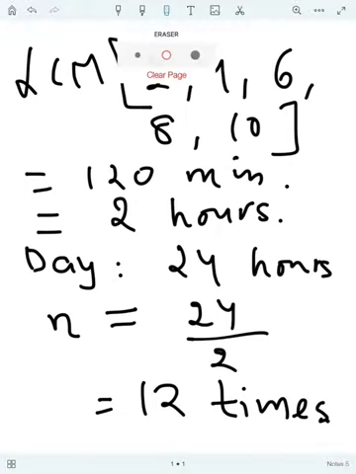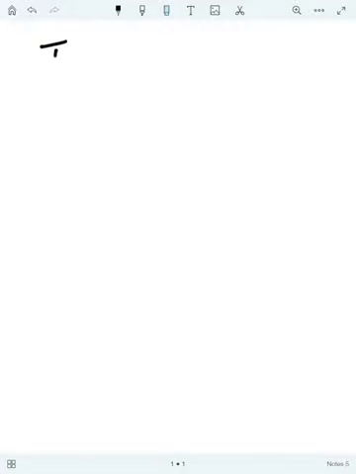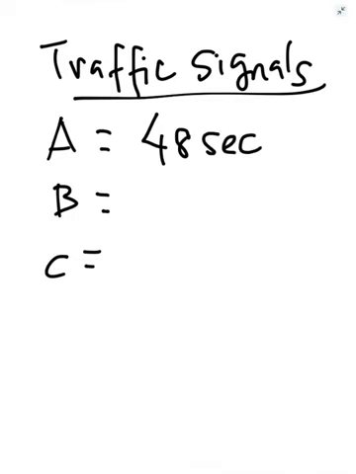We will take one more example based on traffic signal lights, because these are frequently asked questions in aptitude exams. Traffic signal. Suppose there are 3 different signals at different crossings, we can say A, B and C. The signal at A changes to red after every 48 seconds.